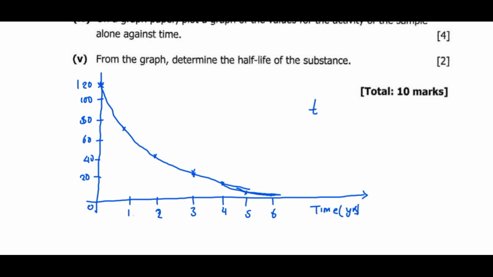So how can we find the half-life? Take half of the original, which is 120. Look at where the curve meets the y-axis, so which is 60. After finding 60, we draw a dotted line parallel to the x-axis, then drop down.